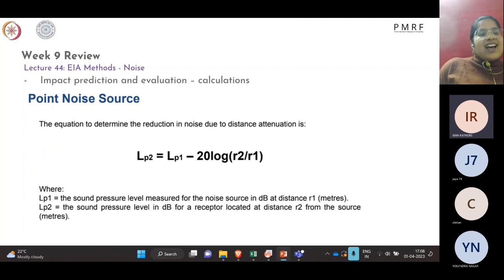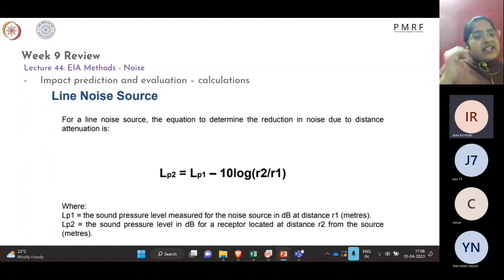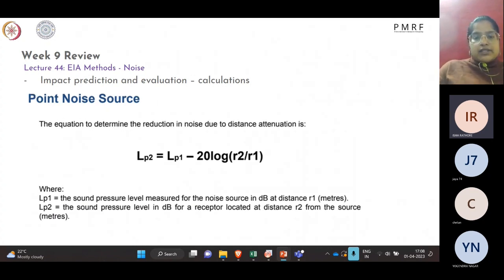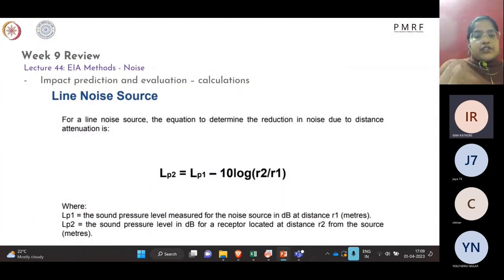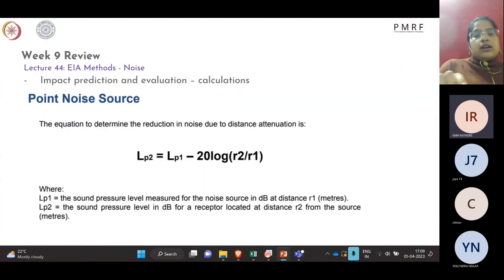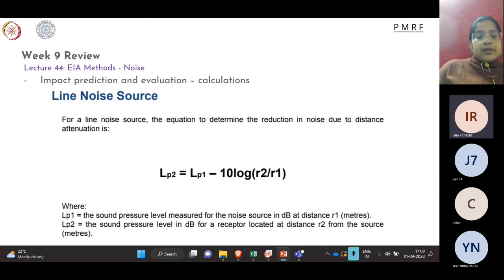And then we have the line source noise. So the only thing which varies is the constant, which becomes 10 instead of 20, but the equation is same. So for the point source, the log term is multiplied by 20, and for line source, it's multiplied by 10.